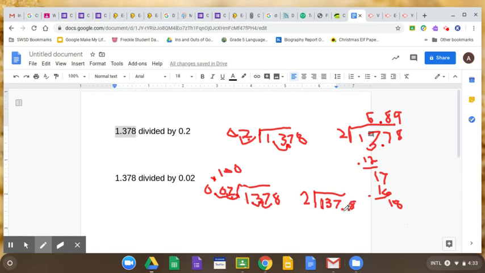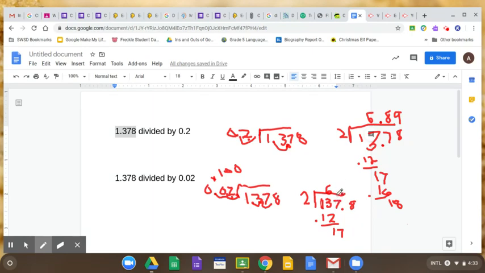The decimal place is here because you're timesing it by 100. So the 2 would go into 13. The same thing, it would go in 6 times. So 6 goes here. So then it's 2 goes into 17 and it goes in 8 times.